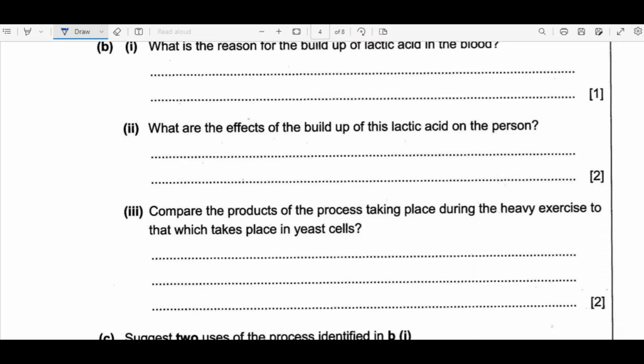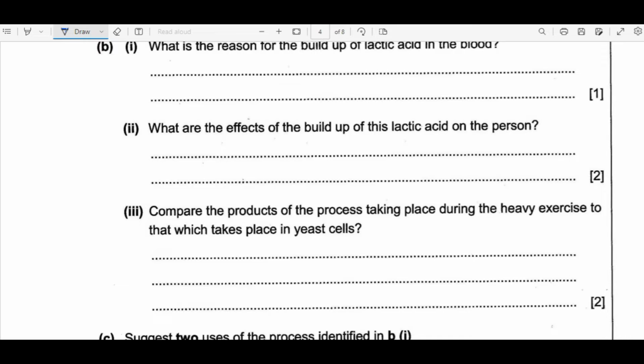There are two types of respiration that we are expected to know: aerobic respiration and anaerobic respiration. Under aerobic respiration, the breaking down of glucose to give us energy must be in the presence of oxygen. Aerobic respiration produces a lot of energy that is required for the body to do its work.